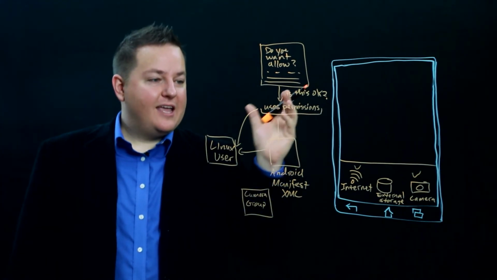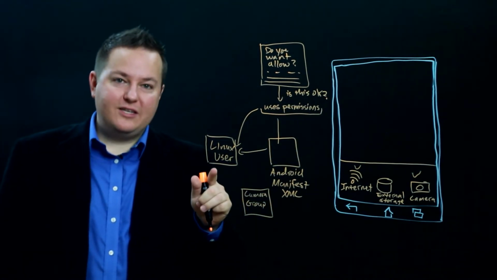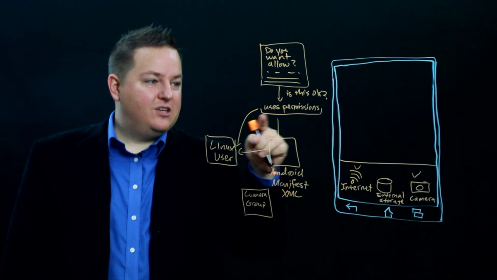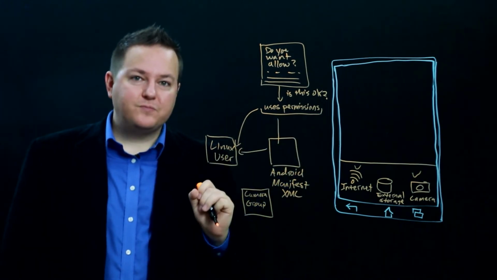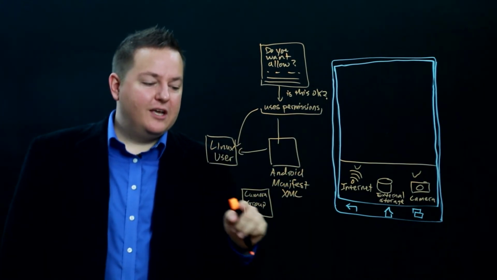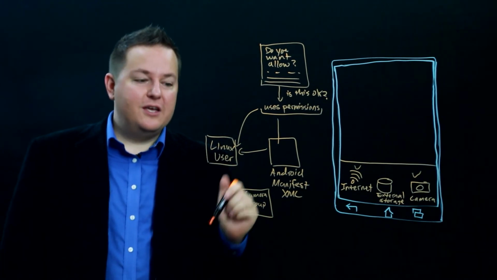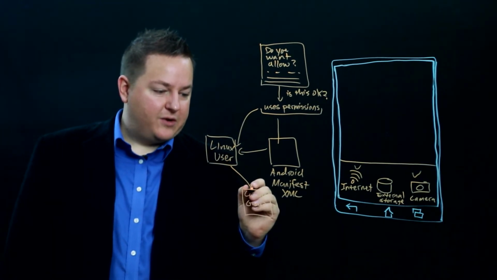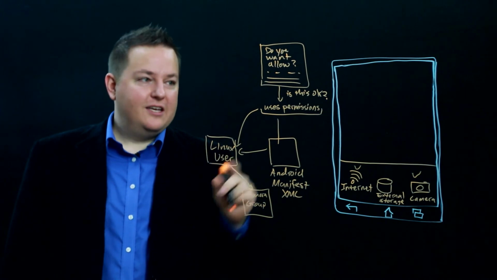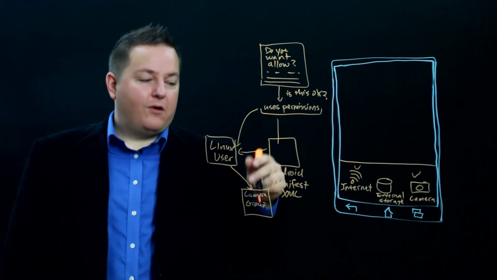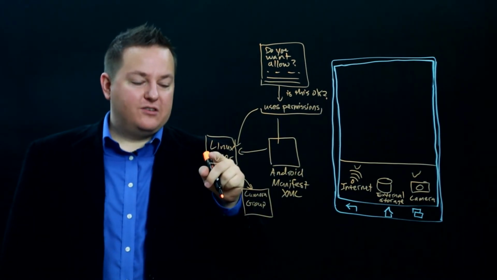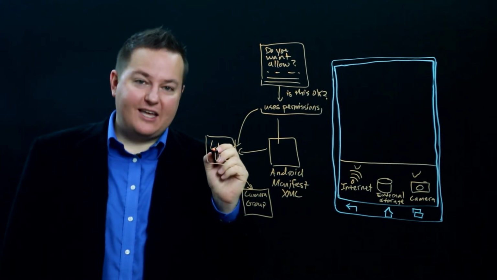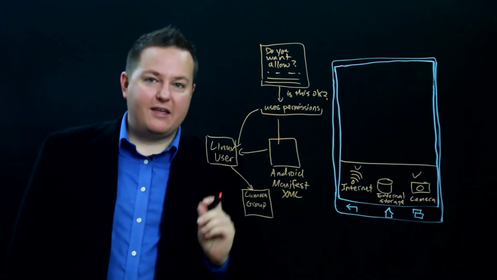And so what Android does is it creates your Linux user, and then based on each of the user's permissions, it figures out which of the different user groups your account should be associated with. So it associates this app, a photo editor let's say, with its own Linux user, and then associates that Linux user with the underlying camera group.